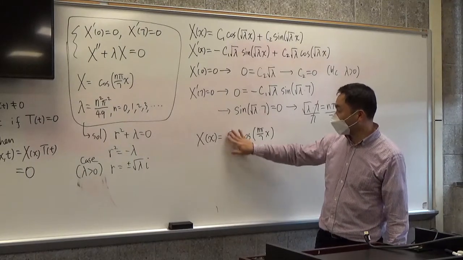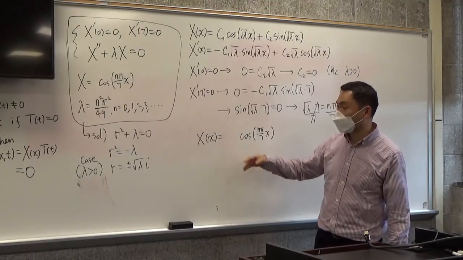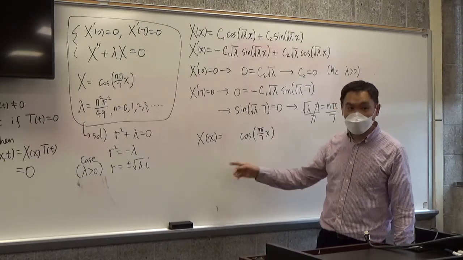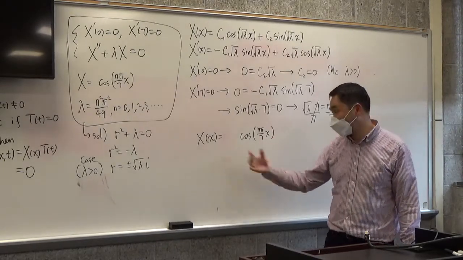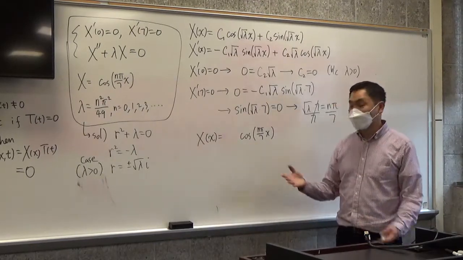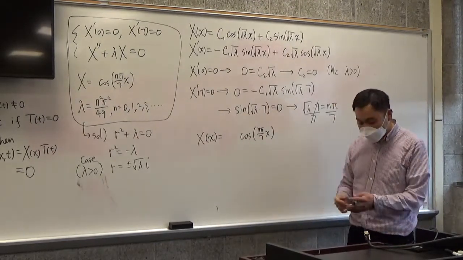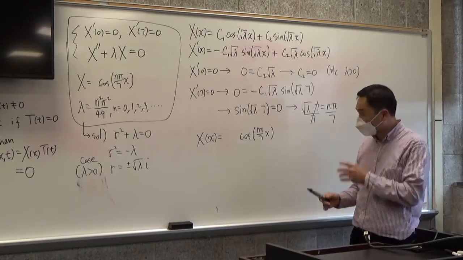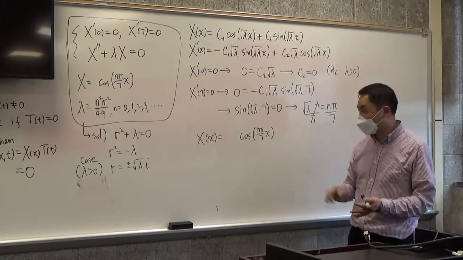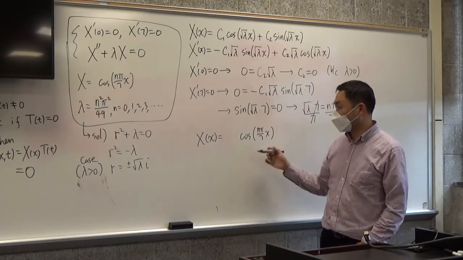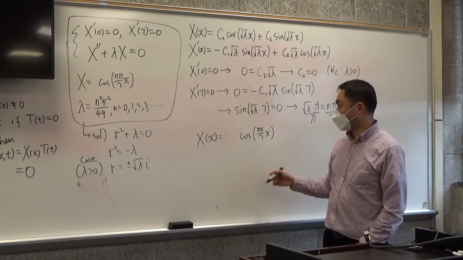So we actually don't need this c1 because we're going to put u as this times the T of t, and T of t already has a coefficient in front. So I'm just going to get rid of this, and it's also in accordance with the fact that when we look for eigenfunctions, we just need one function because there are many different non-trivial eigenfunctions. And they're multiples of each other, so we just find one of them, okay?